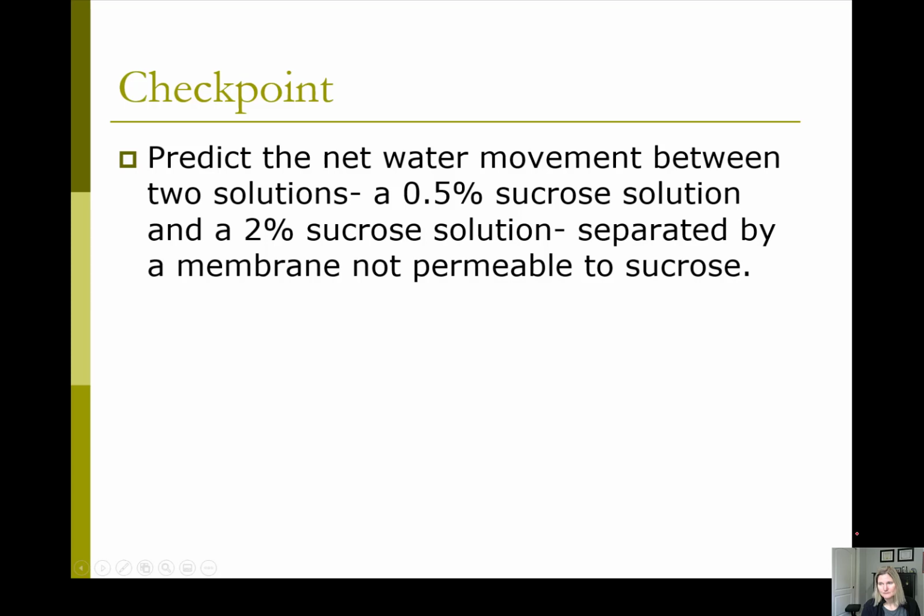Here's a checkpoint question for you. Predict the net water movement between two solutions, a 0.5% sucrose solution and a 2% sucrose solution, separated by a membrane not permeable to sucrose. I like to draw a picture. Here's my semipermeable membrane.